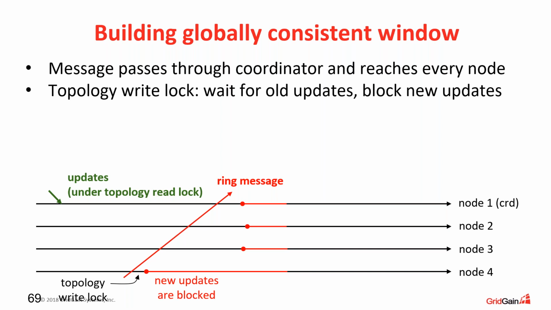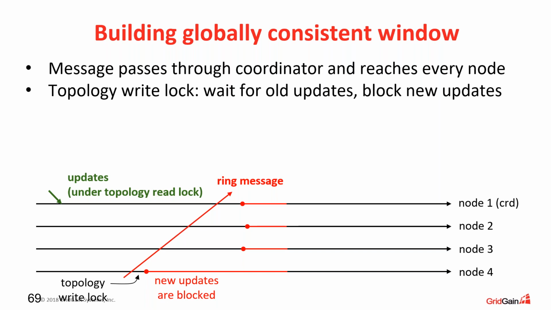And we also, again, perform read-write locking. There is such a thing as the topology read lock, and every user transaction that wants to get started and modify anything acquires the topology read lock. And when every node receives this message, every node starts acquiring the topology write lock, and after some moments, the write lock is successfully acquired.